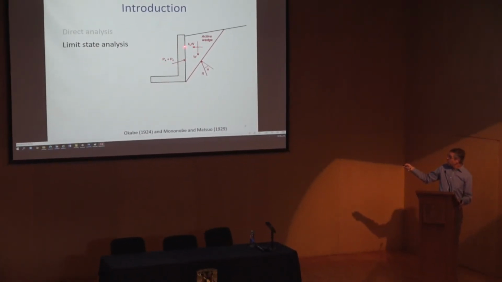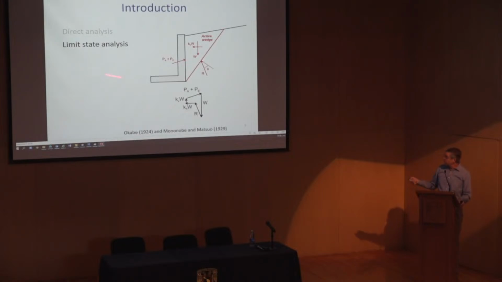When the earthquake comes, you have a pseudostatic force applied here, which is some fraction of the weight. That's going to likely change the position of this wedge, and you're going to have to re-resolve all of these forces, and you'll have a new increment of force, which is called P sub E. Okay, and so this P sub E is what we're going to be looking at today.